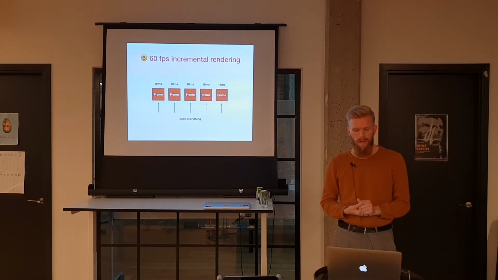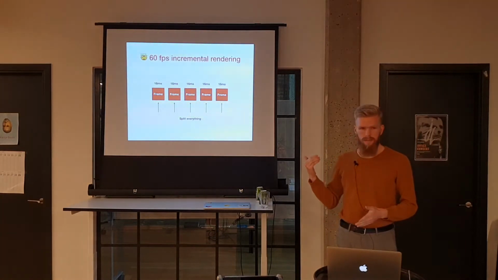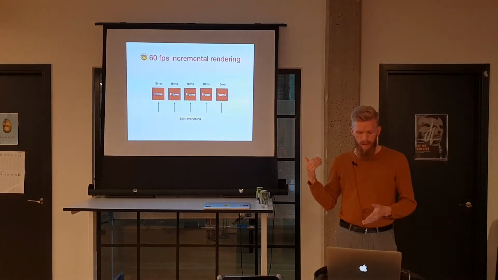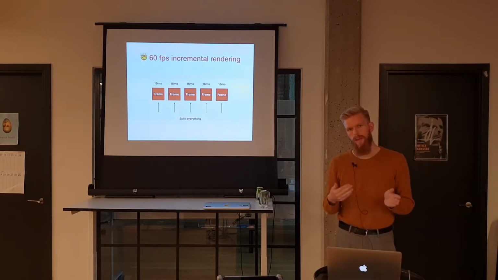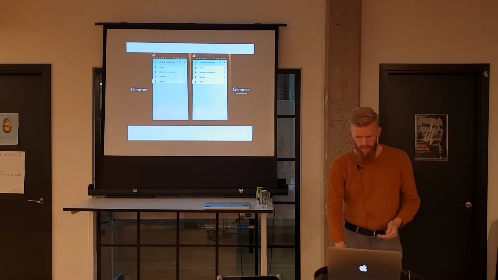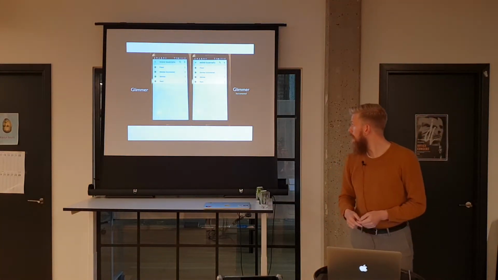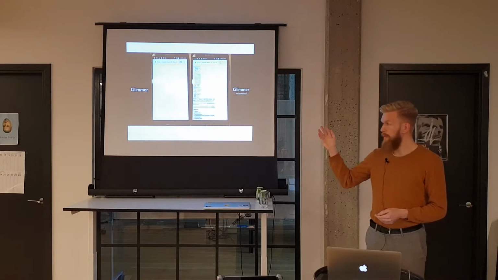So if we think back to the demo with the two applications that were equally slow, that Glimmer app wasn't really optimized for this incremental rendering. So let's compare the Glimmer app from before with a Glimmer app with 60 frames per second. Right. So the other one never finishes, by the way.